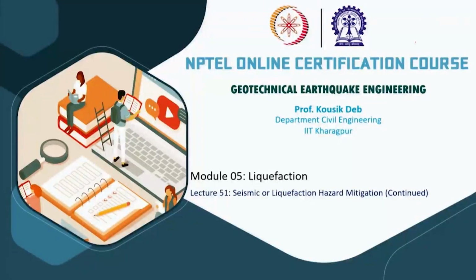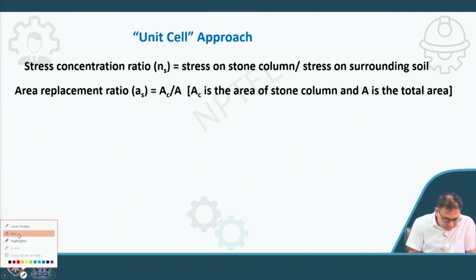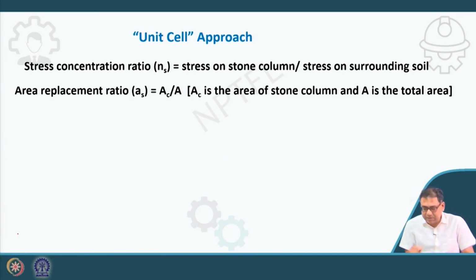So, now when you design or analyze this system, we consider one approach that is called the unit cell approach. So, what is this unit cell approach? As I mentioned, these stone columns are installed in grids.